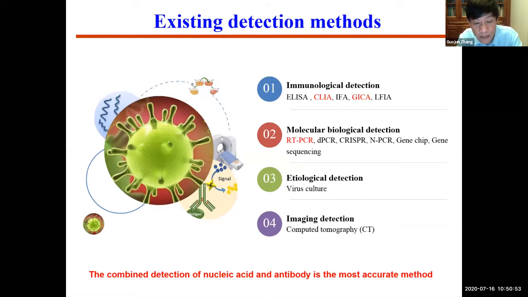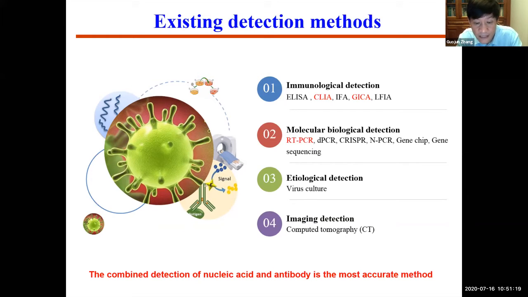With the development of related research, there are a lot of detection methods already developed for this new virus. As you see from this slide, the methods include immunologic detection, molecular biological detection, etiology detection, and image detection like CT.